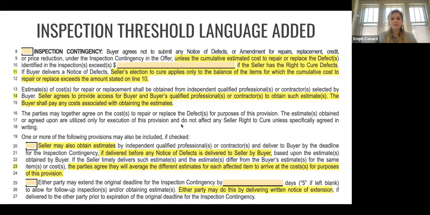So if the seller does take it upon themselves to obtain their own, they deliver it to the buyer prior to the deadline for the inspection contingency and prior to receiving a notice of defects, then now we've got two estimates, and it's saying right in here, we're going to average the two. So it's giving a lot of power to the seller, but again, it might just be a good idea if you're writing competitively, to include that.